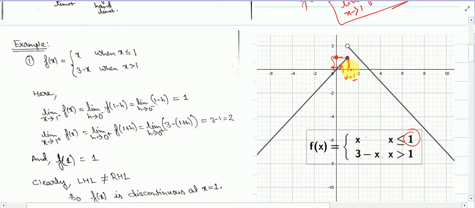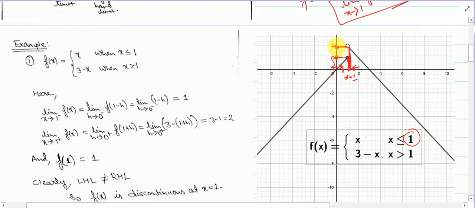And I'll take another point which will be a little greater than 1, and then I will approach towards x equal to 1 from the right hand side. So when I'm approaching, at that time I will get a value somewhere here.